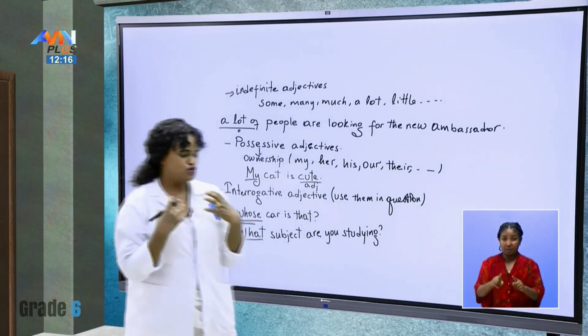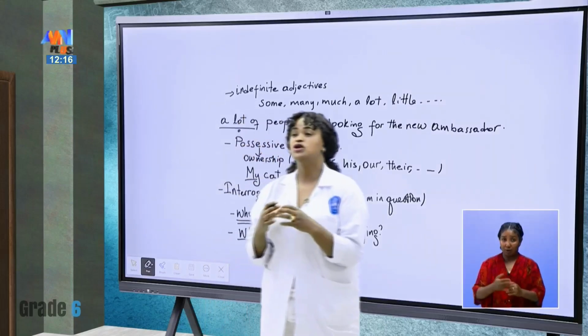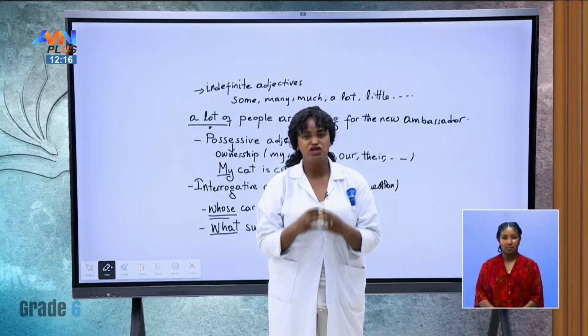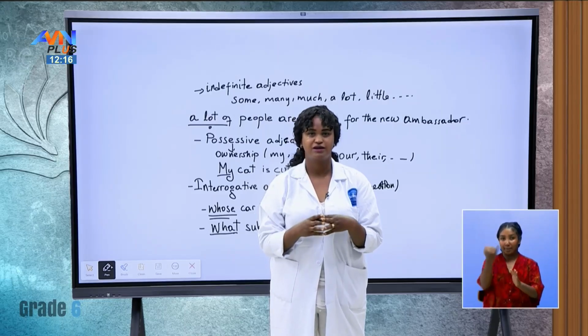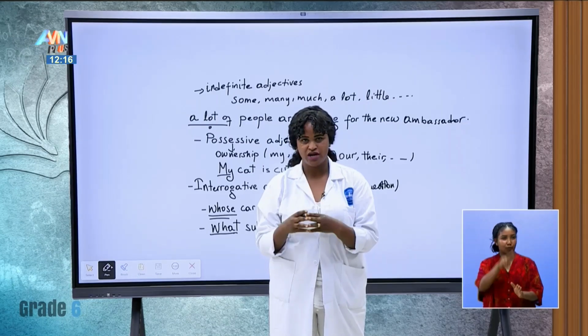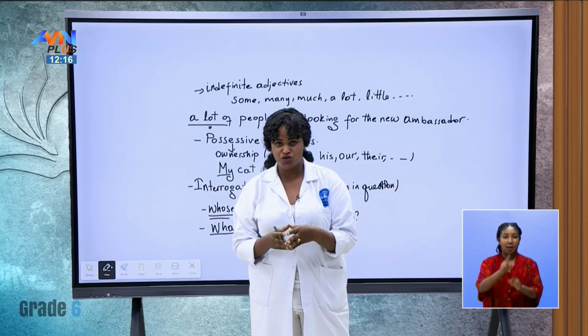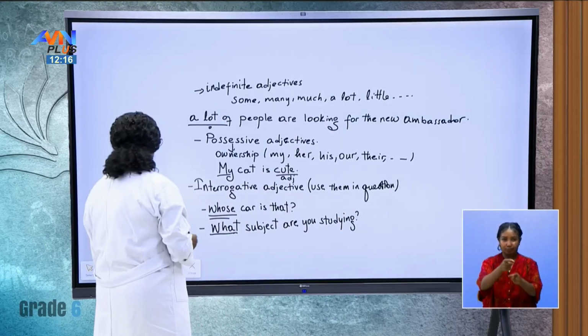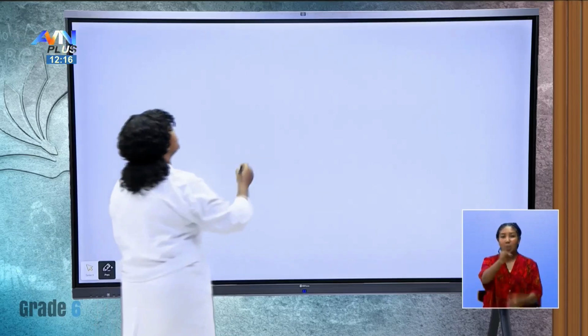But in order to use our time, I want you to describe something, okay? I'm going to show you a picture. You look at the picture and answer these questions. Let me write the questions first, and you can tell us, or you can describe about that.